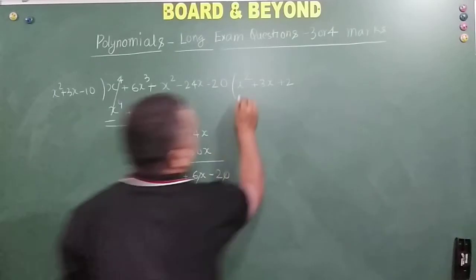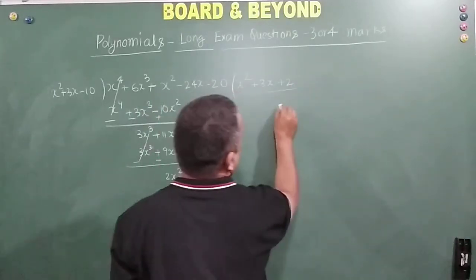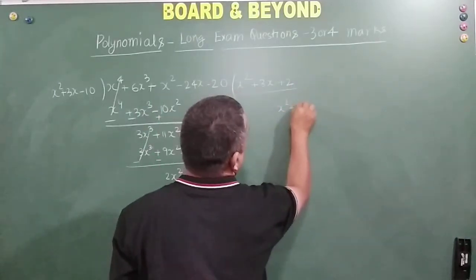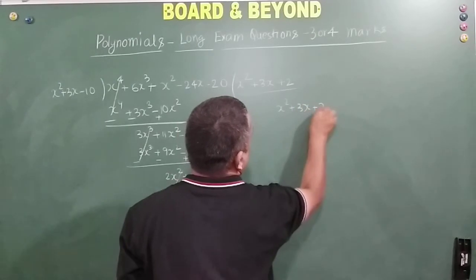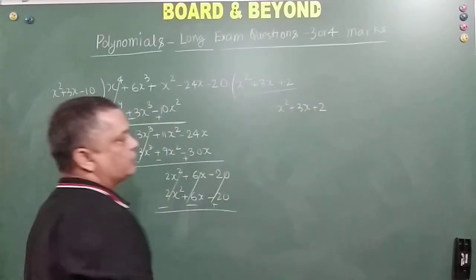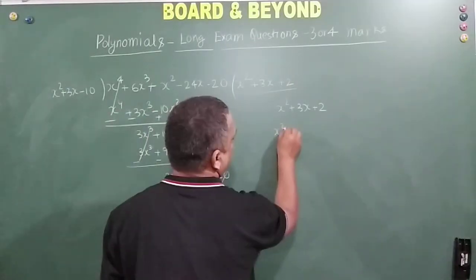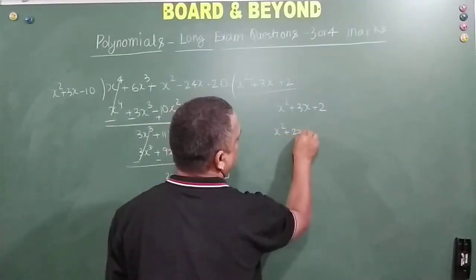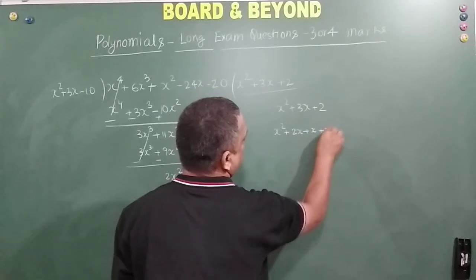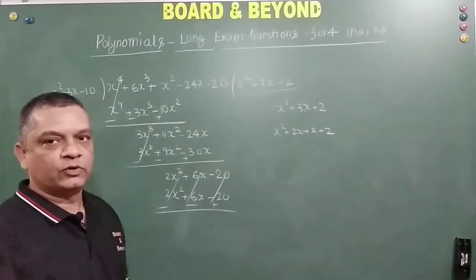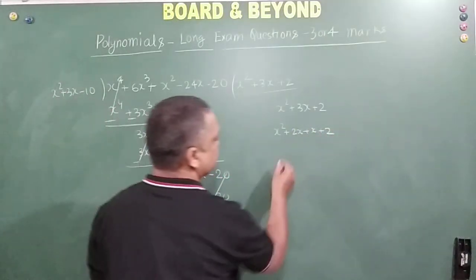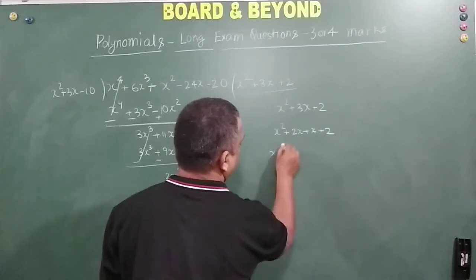Okay, so another factor we have got is x square plus 3x plus 2. Right? So we will try to factorize it here, my friends. How do we do that? So x square plus 2x plus x plus 2. You are able to understand this? So this is taking x common here.